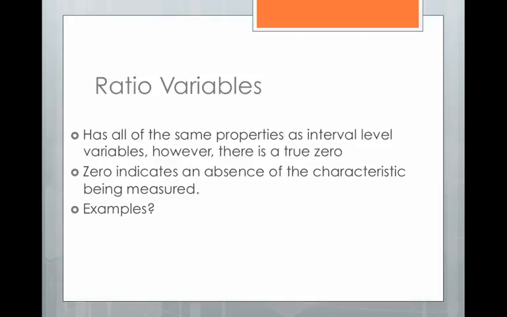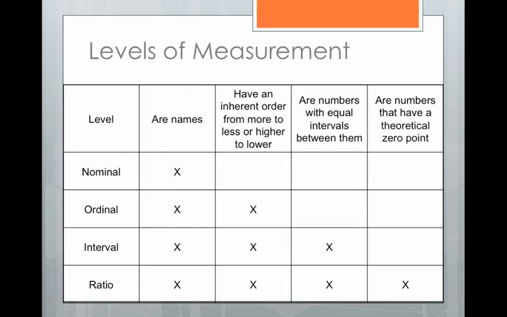Because here, saying that you have 0 brothers and sisters means that you have none, that you are absent of brothers and sisters. So that would be a ratio level variable. For this class, we're pretty much going to treat ratio and interval as the same. In terms of statistics, you can pretty much do exactly the same statistics with all numerical variables, whether they're interval or ratio. But it's important to know the theoretical difference between the two.